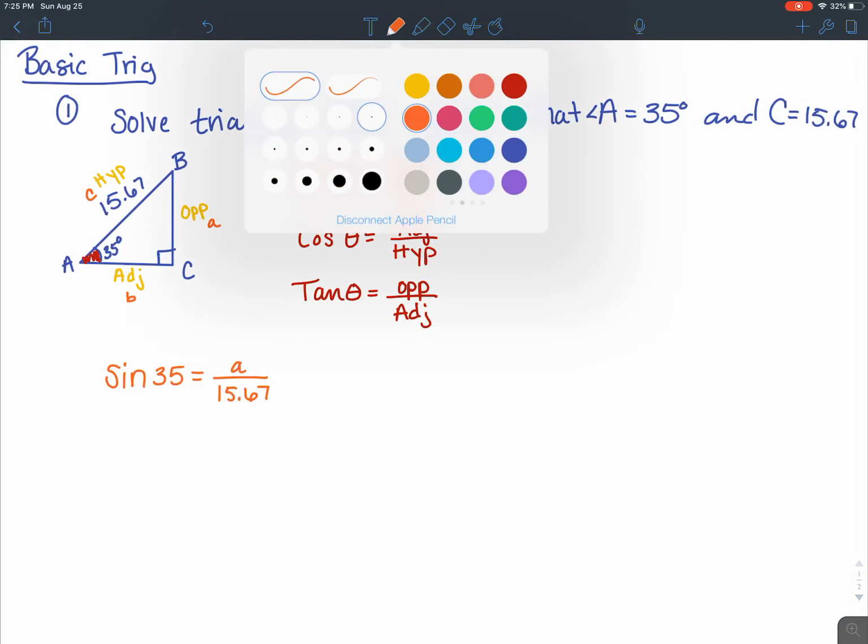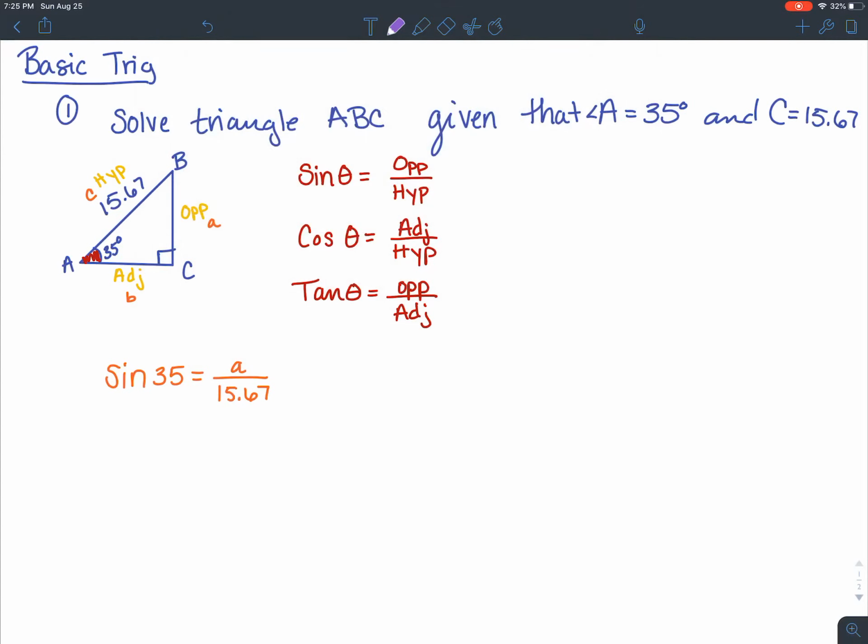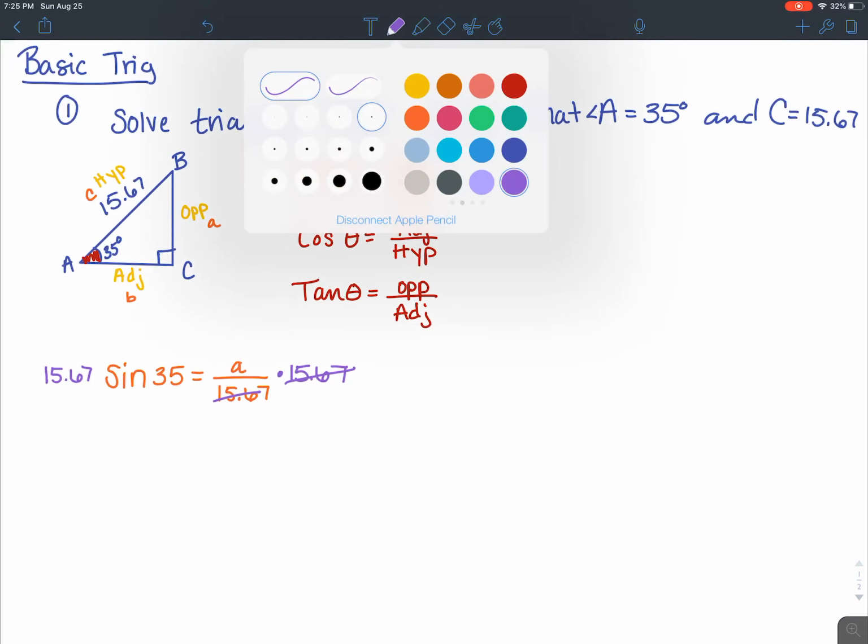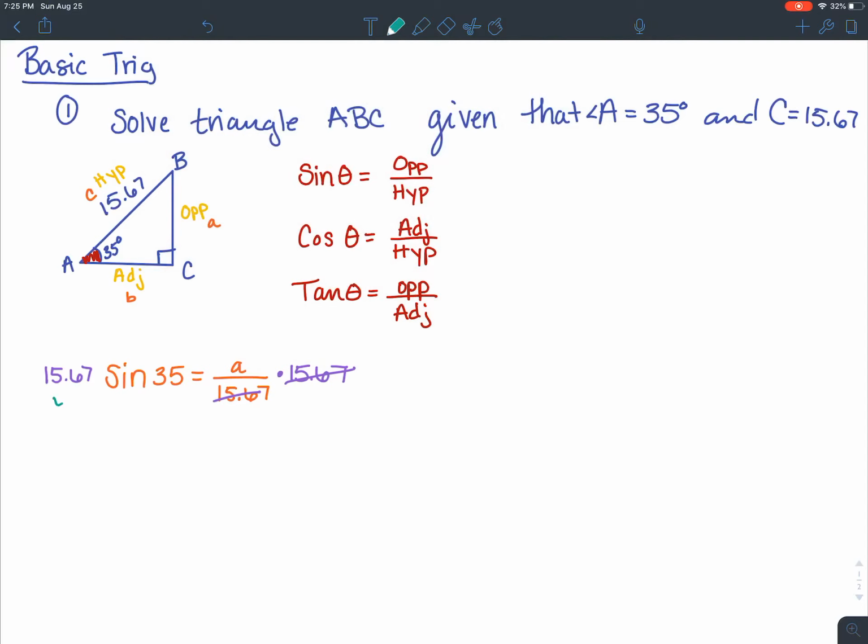To get a by itself, I would multiply both sides by 15.67. Then I type this into my calculator. Make sure you're in degree mode. Once I type this in, what I got for side A is 8.99.